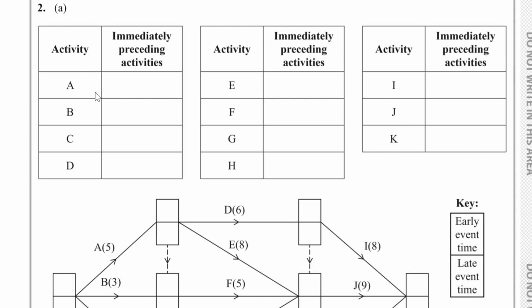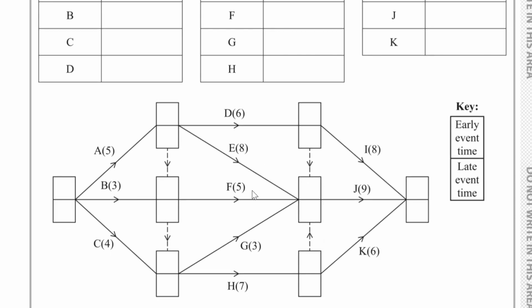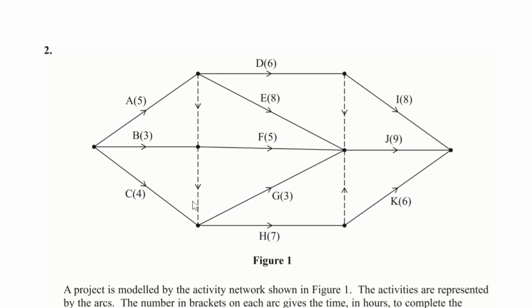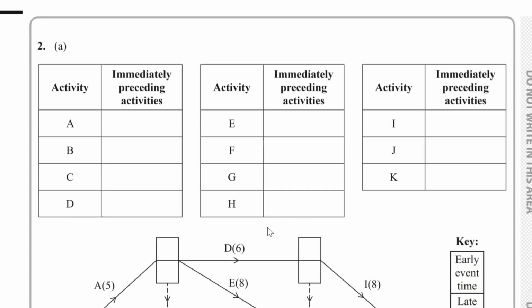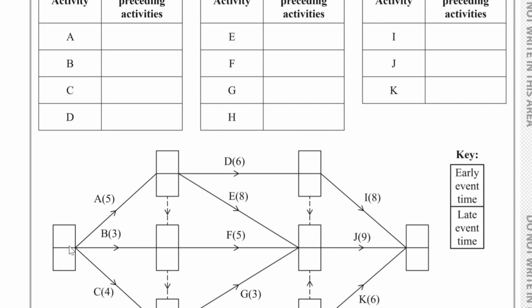So for part A, here is our precedence table, and we've got the network shown here. Of course, this network is the same network as the one shown in figure 1. The only difference is the nodes have been replaced with these boxes, which indicate the early event time and the late event time.